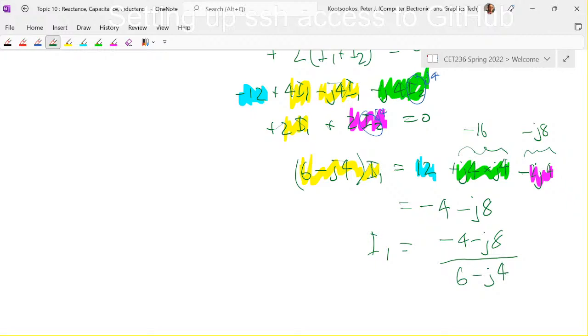So because j times j is the square root of minus 1, so j times j is minus 1. Okay.